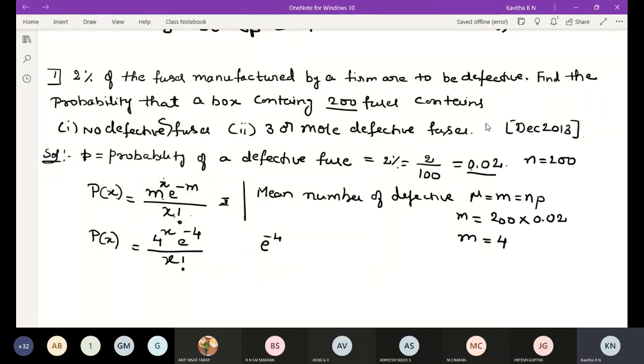Find out what the value of e to the power of minus 4 is. 0.0183. Oh, correct.